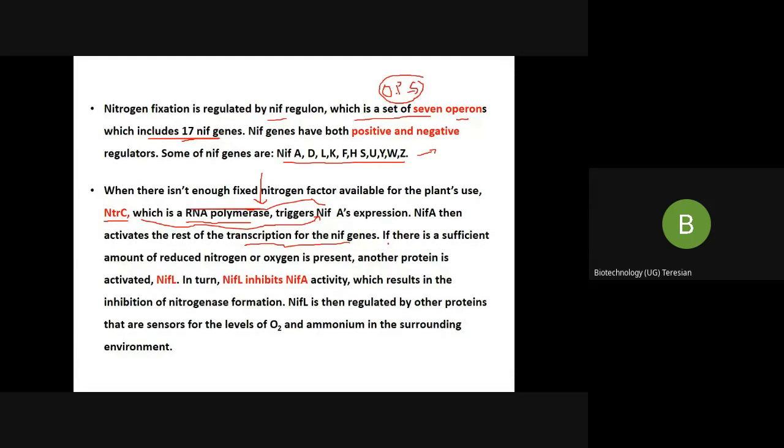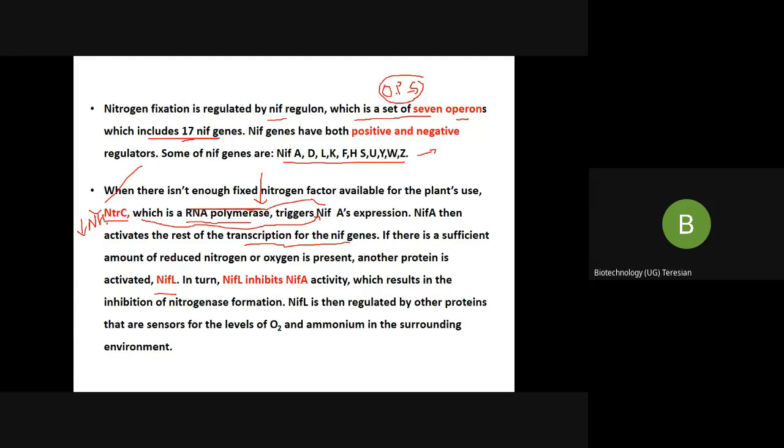If there is a sufficient amount of reduced nitrogen, or oxygen is present, another protein known as NIF-L is going to inhibit your NIF-A. Suppose in the earlier situation there was no fixed nitrogen, there was less ammonia inside your plant.